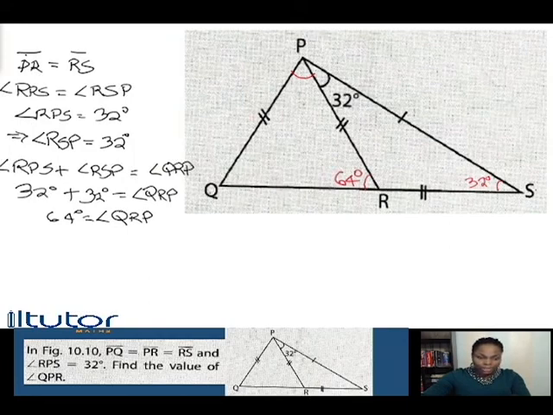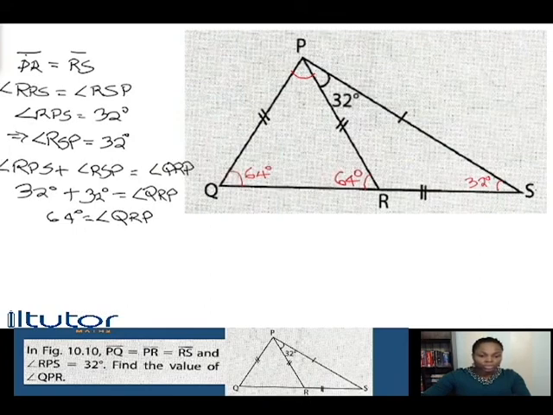And for an isosceles triangle, the two base angles are equal. So if this place is 64, it also implies that this place is also 64 degrees. So we're just left with finding this angle, that is angle QPR.